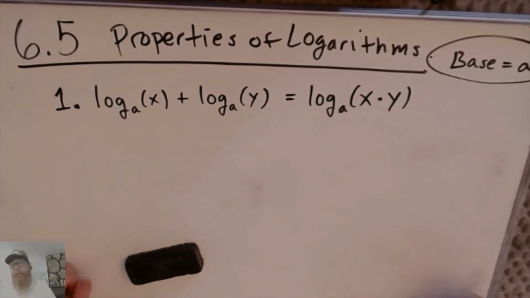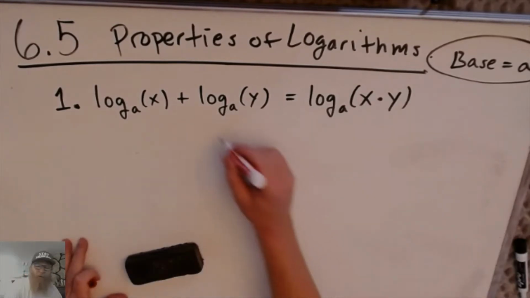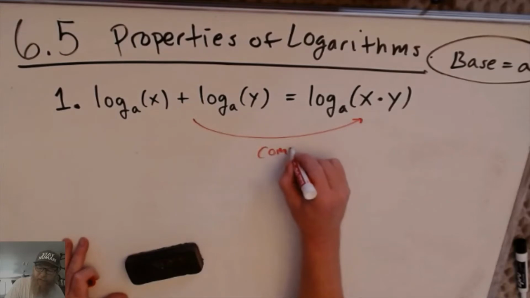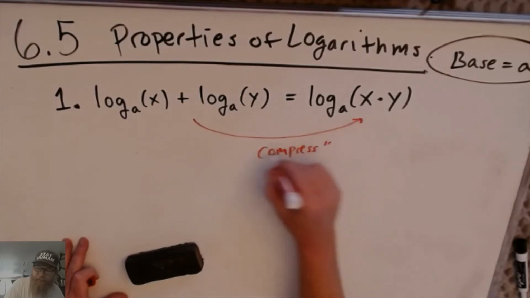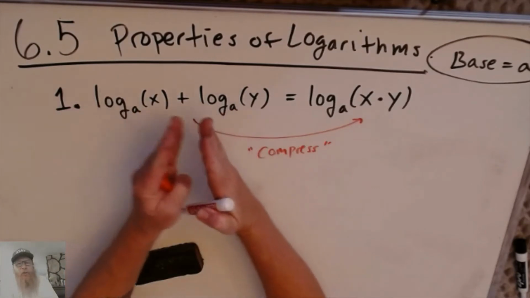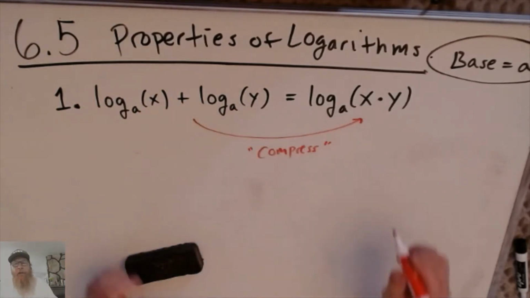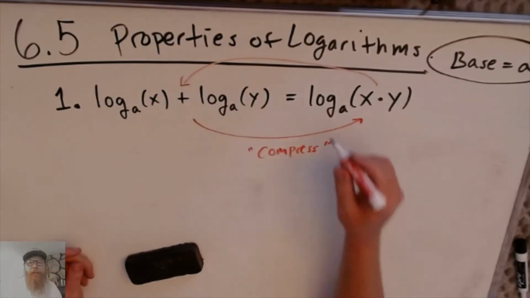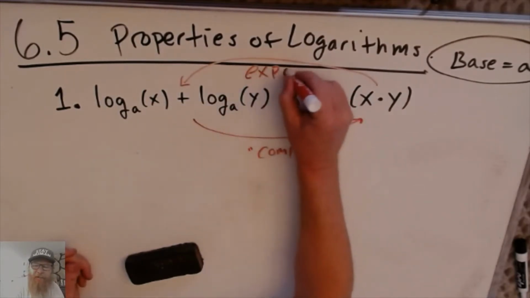Okay. When we go this direction, it's sometimes called compressing, because it almost feels as if you're taking two things and squishing them together into one object. When you go back the other direction, it's sometimes referred to as expanding.